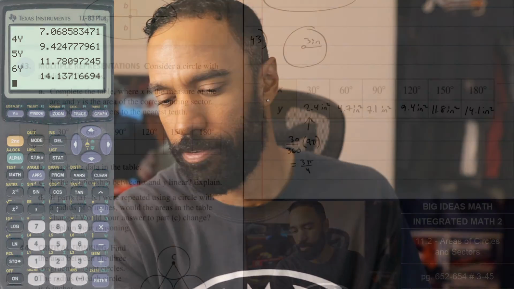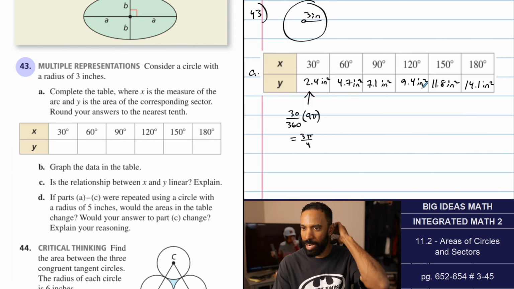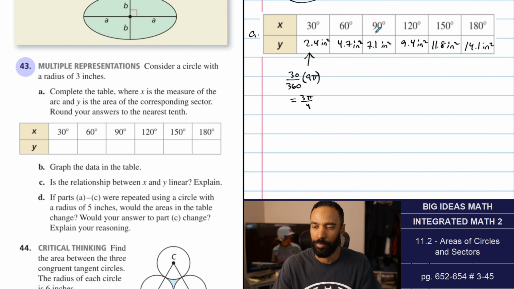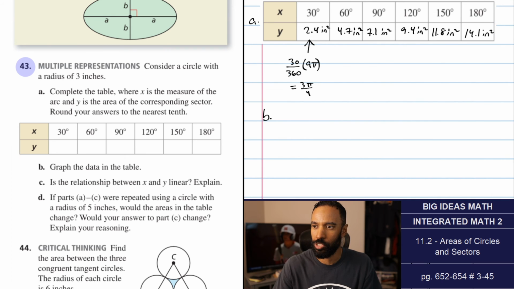Okay, so I filled this out here. That's part A. Part B, graph the data in the table. It should be linear. This is x and y. So let's do that.